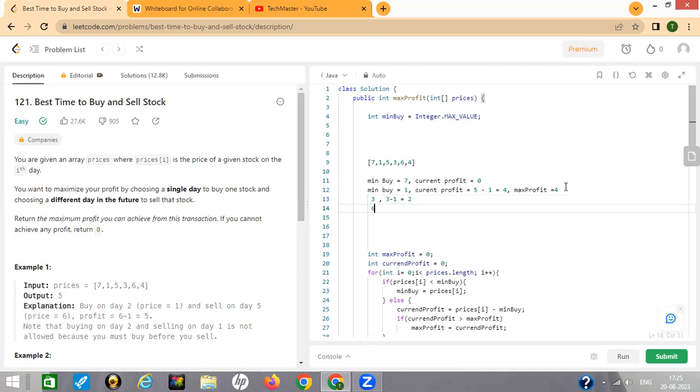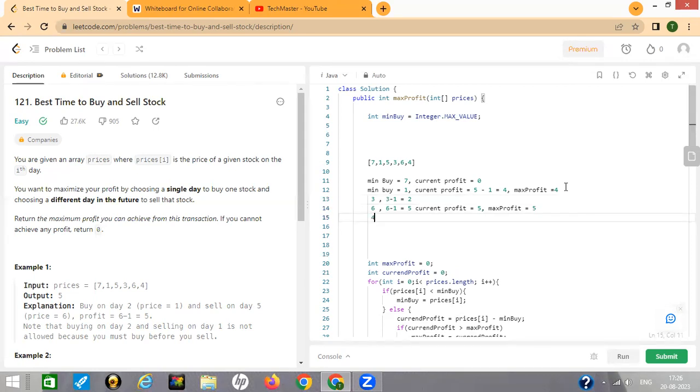And now we go to 6. Our current profit will become 6 minus 1. So 6 is also greater than 1, so we go to the else block, and our current profit will become 5. So our current profit becomes 5, and our max profit also becomes 5. And now we go to 4. So again the else block will execute, and 4 minus 1 equals 3.